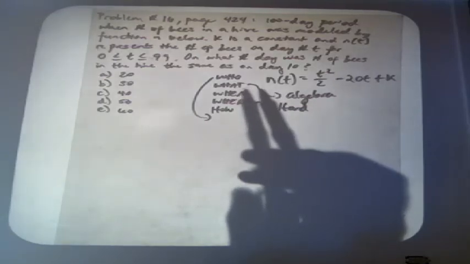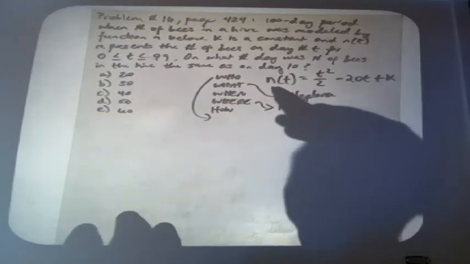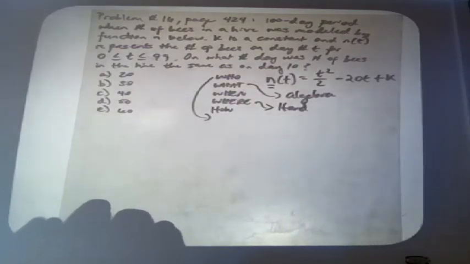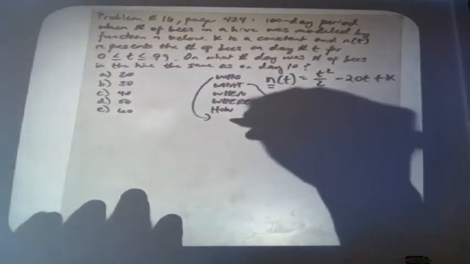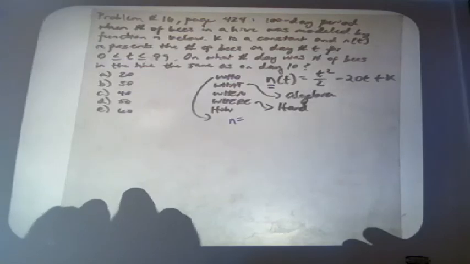N represents the number of bees on day number t. So n represents the number of bees, t represents the day number, and k is some constant. So we've defined our variables, and I'm actually going to define them down here. It's a good thing to define your variables if you have the time, because then when we actually go back and figure out what we're solving for, we know what these variables represent.